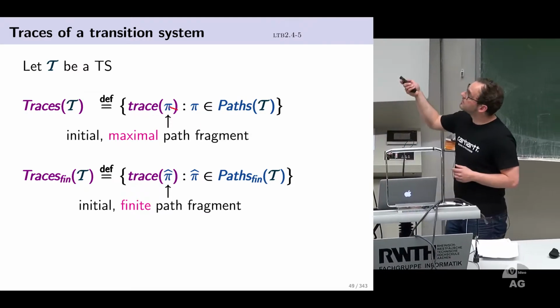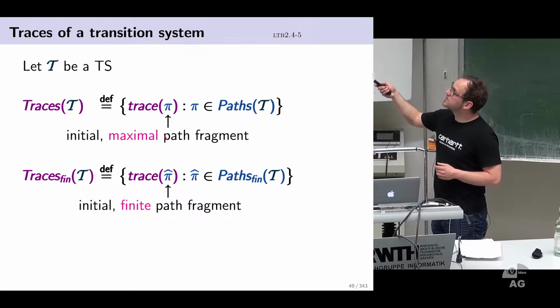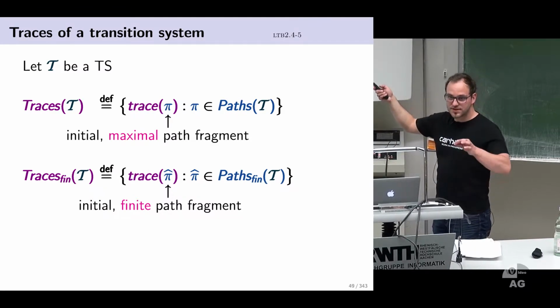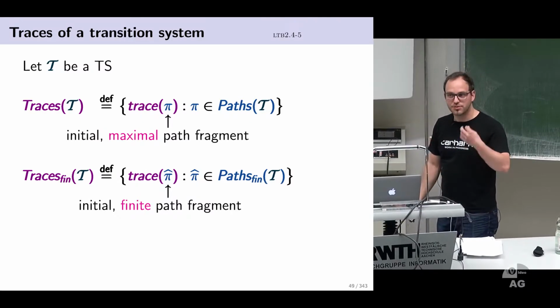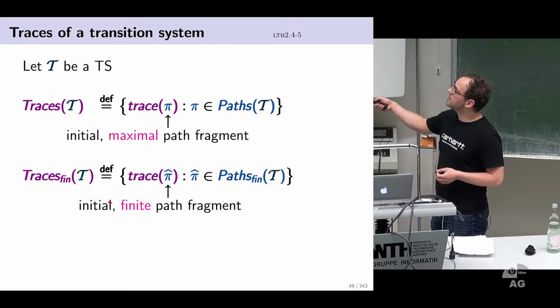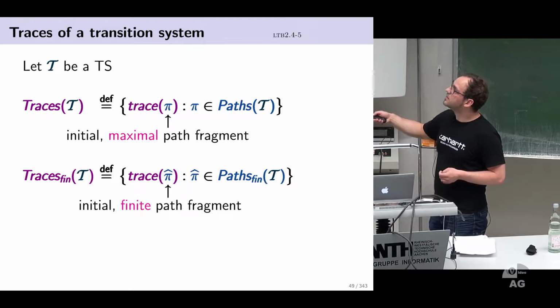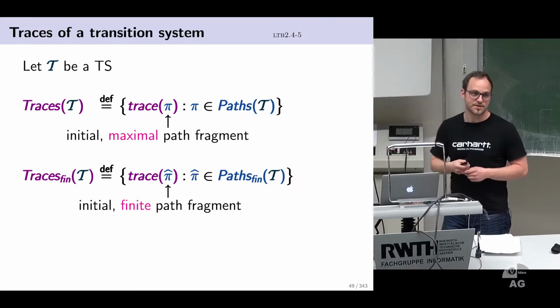Okay, and recall again that a path in the transition system is a path fragment. So it's a sequence of states. It starts in the initial state, and it's maximal. You need to proceed as long as you can. And here, you drop this maximality, and you restrict to finiteness, right?